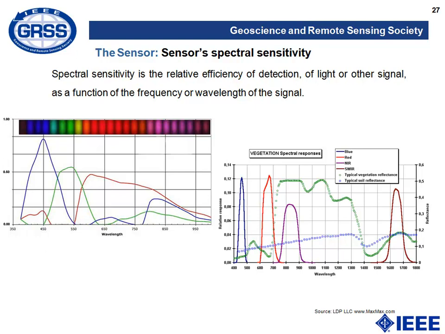For instance, normally in the visible and near-infrared detection, the sensor is more sensitive at visible bands than in the near-infrared bands.